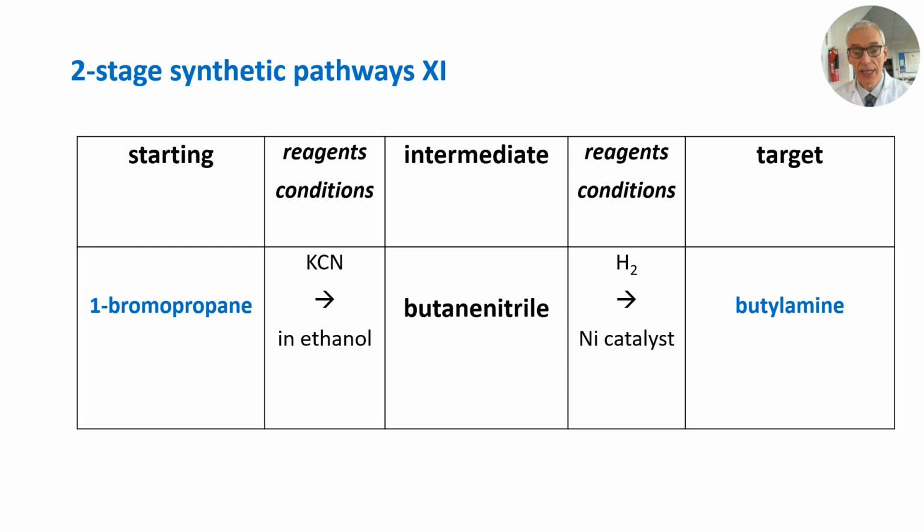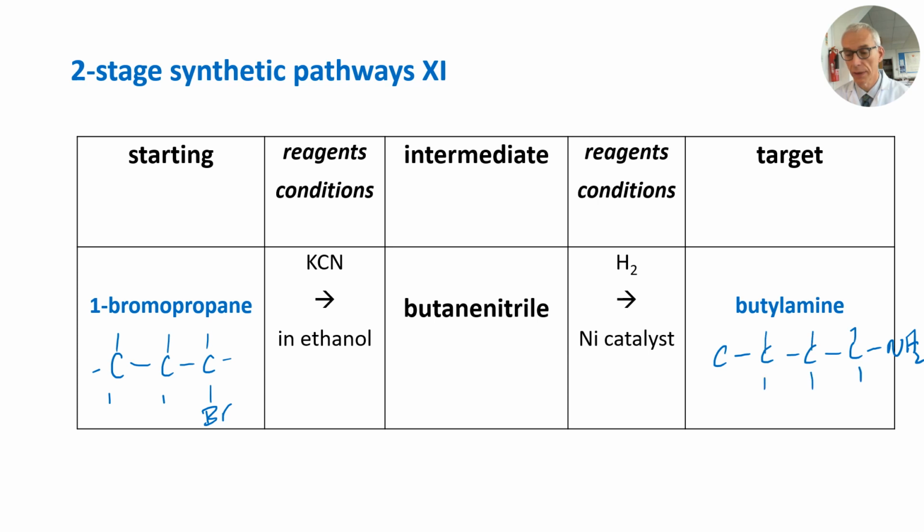The key point here is that 1-bromopropane has 1, 2, 3 carbons in its chain, whereas butylamine has got 4.